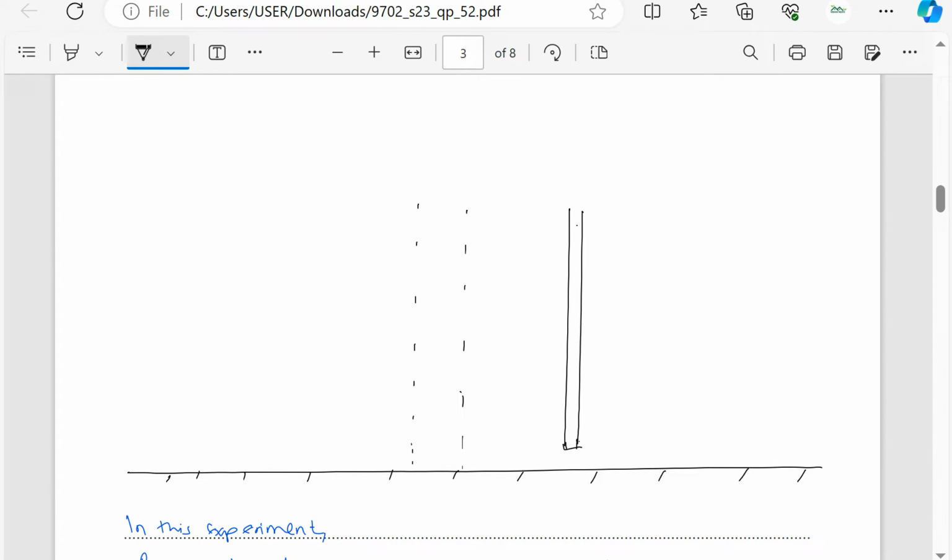I want to fix this, so let me attach this to something that I can easily fix on the table. So I'm now drawing the coils.